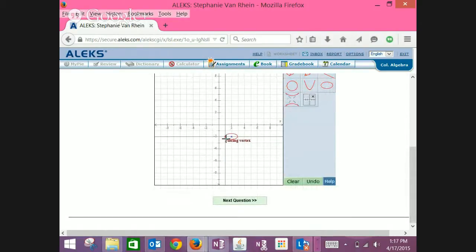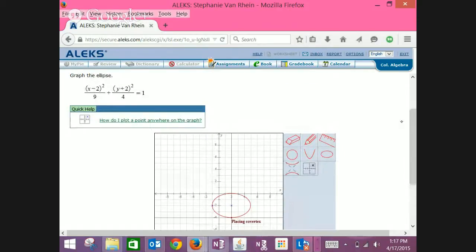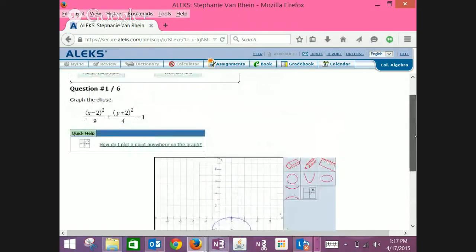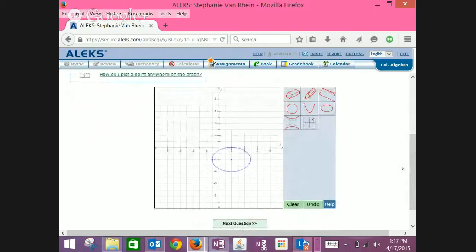So it's going to be 3 units from the center, right? 1, 2, 3. You guys see that? Then the 4 is under the y, and that tells me I go 2 up. So I go 2 up from the center, and place that there. And is that all it needs? It doesn't even ask for focus points. You go to graph it.